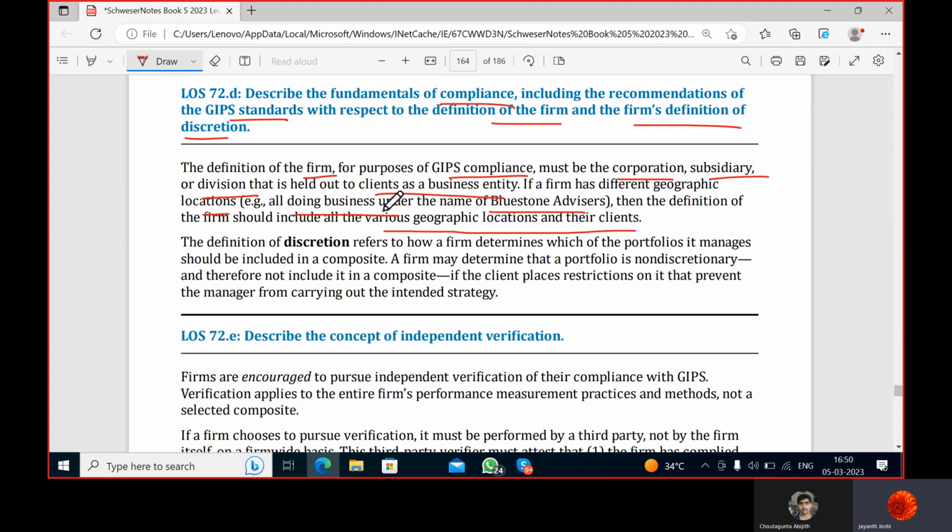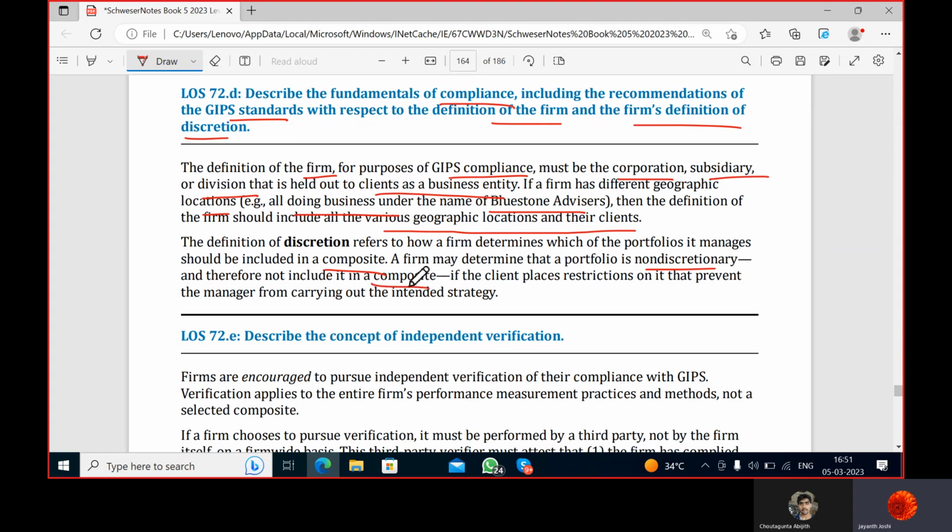The definition of discretion refers to how a firm determines which of the portfolios it manages should be included in a composite. That means they would do that based upon their own judgment. A firm may determine that a portfolio is non-discretionary and therefore not include it in a composite.